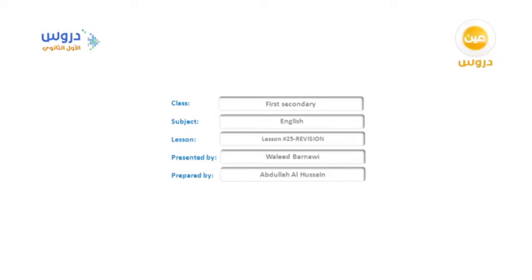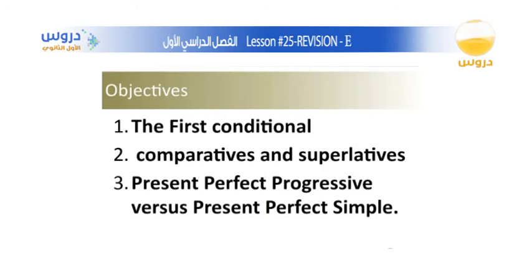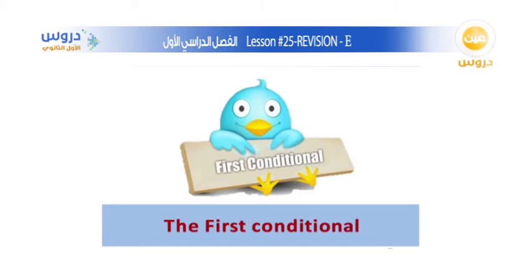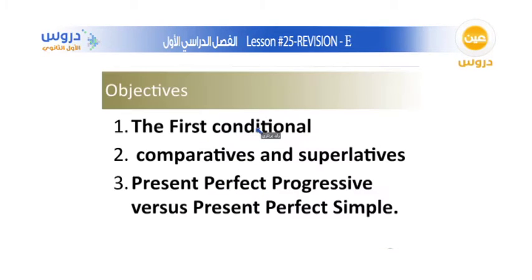This is lesson number 25. It's a revision. We are going to cover these lessons that we have seen before. First, we have got the first conditional, and comparatives and superlatives.